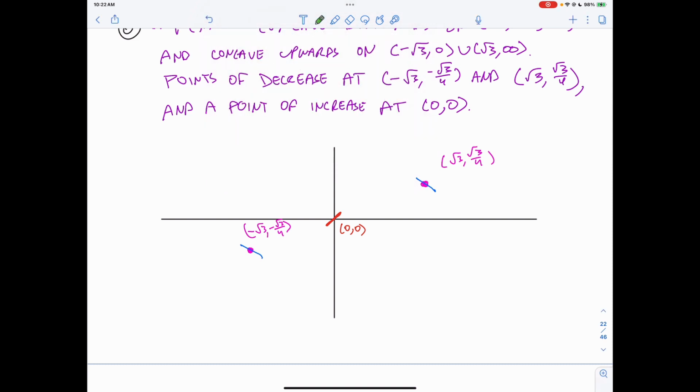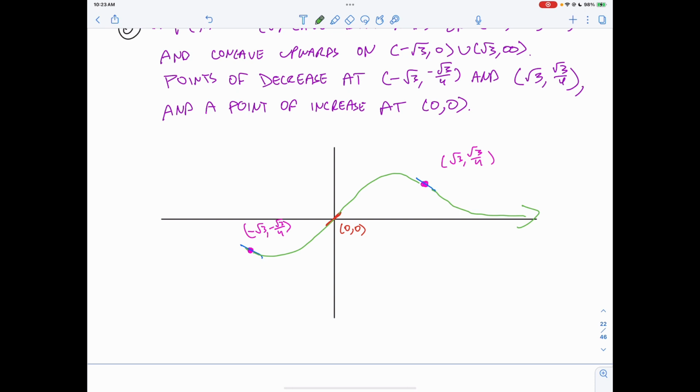And I'm going to get a graph that looks something like this. So I'm going to go from concave upwards to concave downwards to concave upwards.